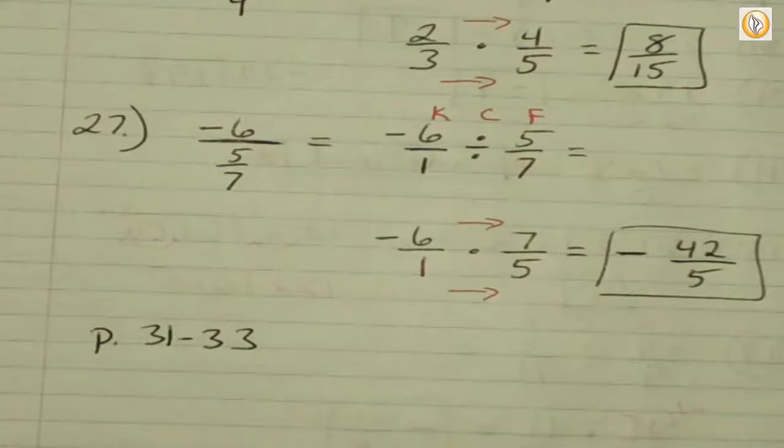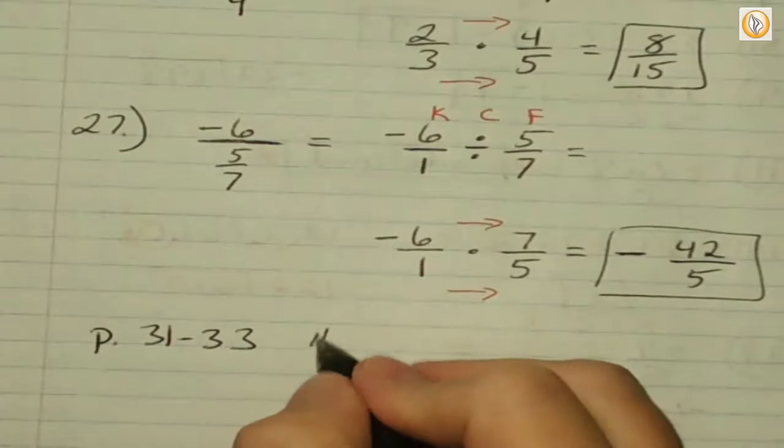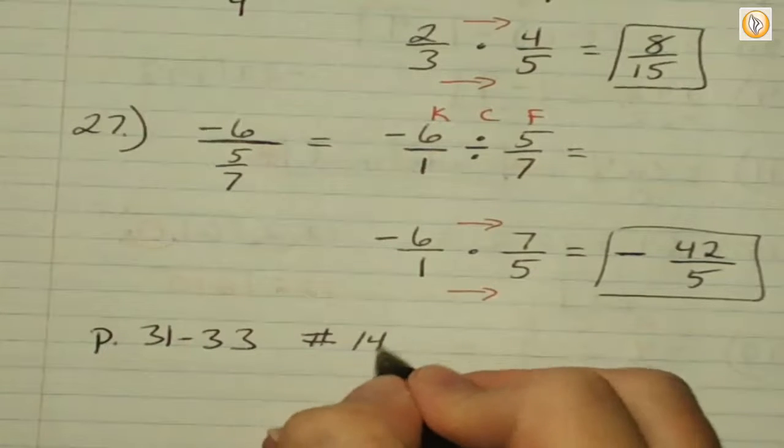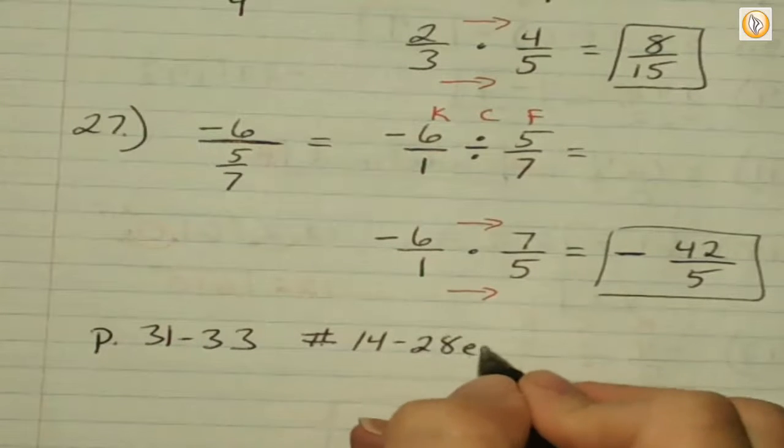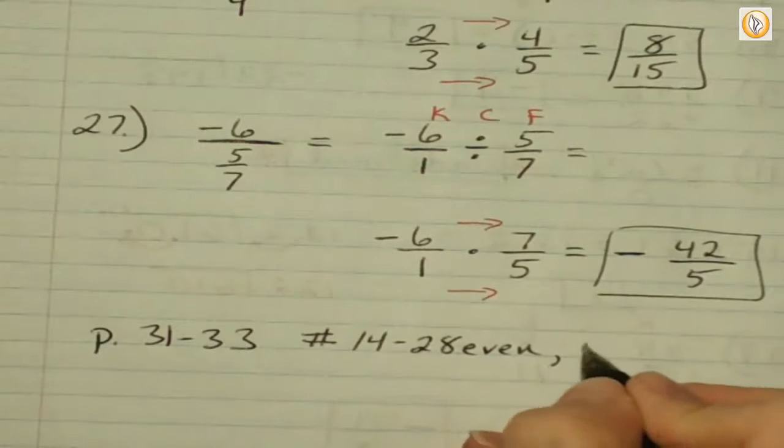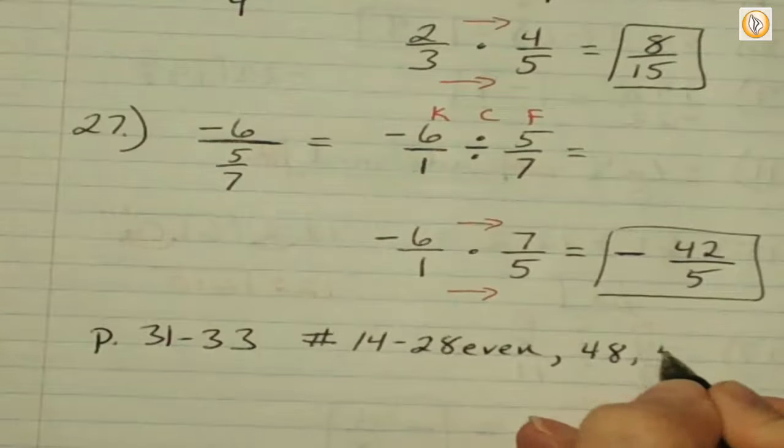Okay, you have 10 problems to do. You have 14 through 28 even, plus 48 and 50.